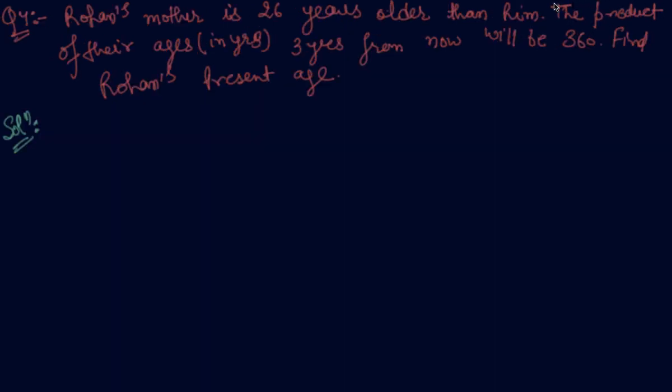So students, here is one more example on quadratic equations. We are given that Rohan's mother's age is 26 years more than his, and the product of their ages in years 3 years from now will be 360. So let's assume Rohan's age is 4 years at present, so his mother's age will be 26 plus 4, that is 30 years.